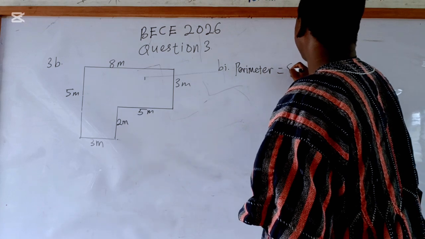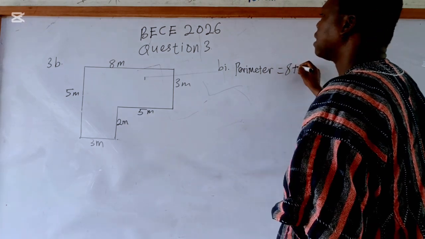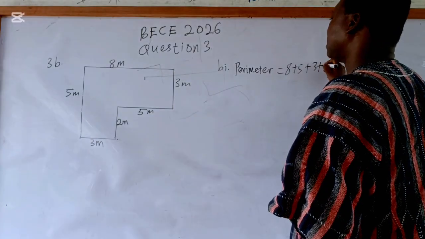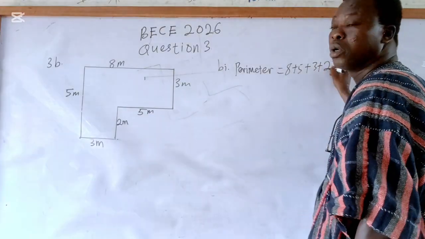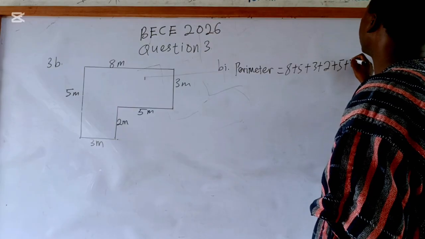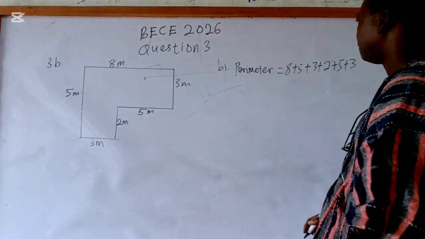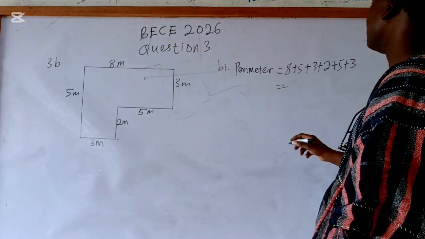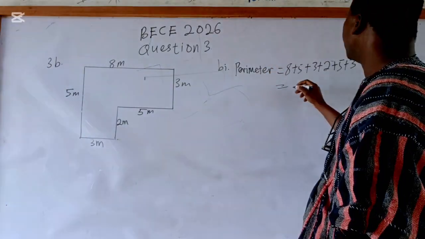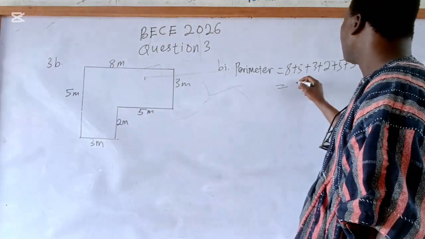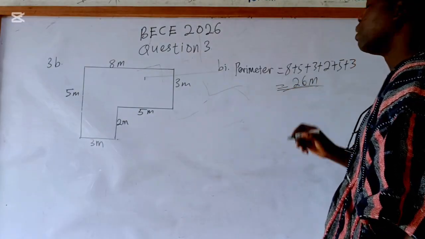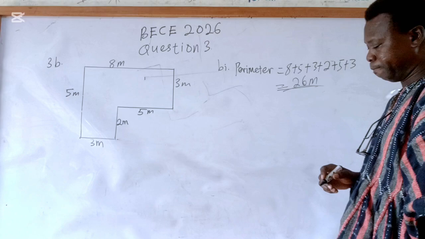So I will have 8 plus 5 plus 3 plus 2 plus 5 plus 3. This will give me, remember there is meter attached to each, 26 meters. This becomes my perimeter.